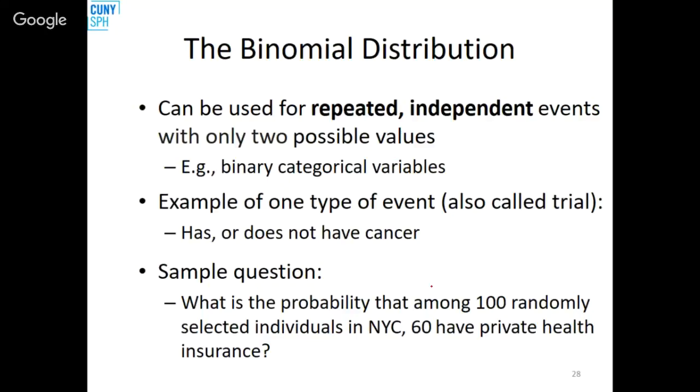For example, what is the probability that among 100 randomly selected individuals, 60 have private health insurance? So given 100 observations, the binomial distribution is going to give us the distribution of probabilities for different numbers of events in that sample size.